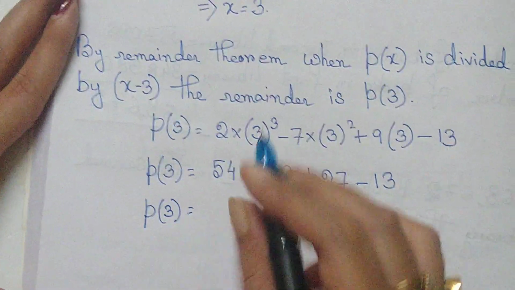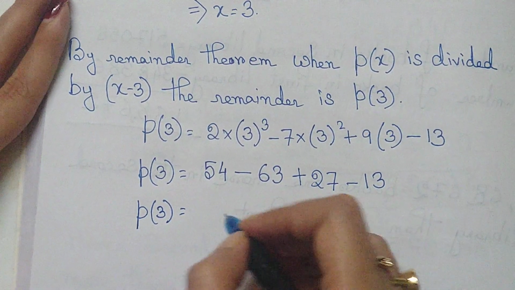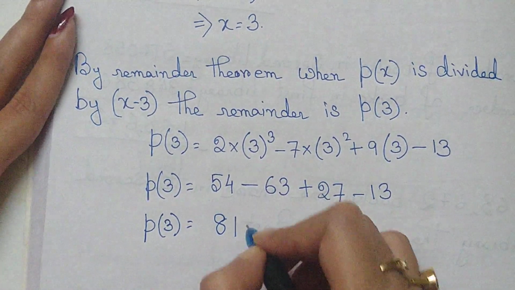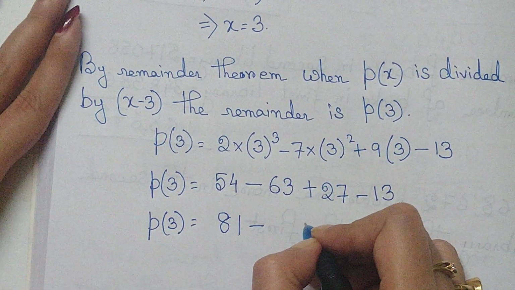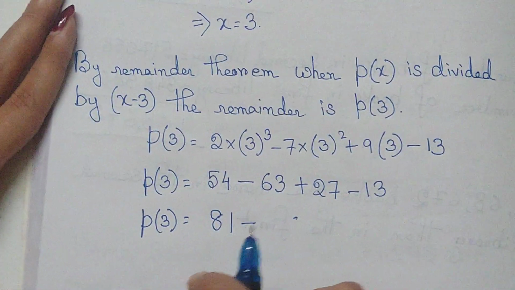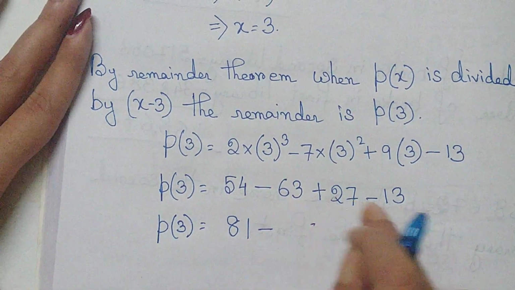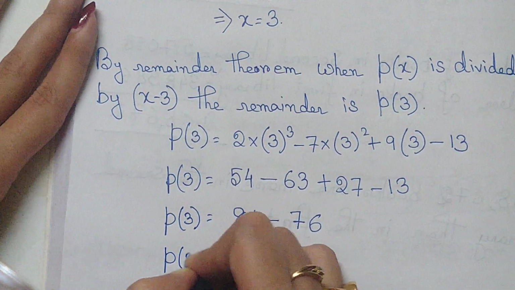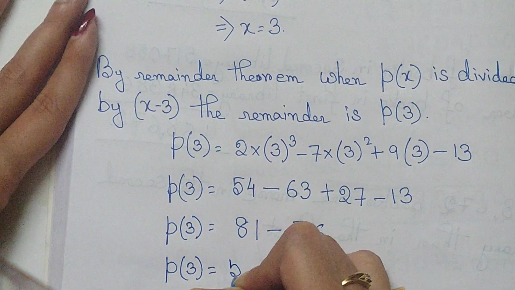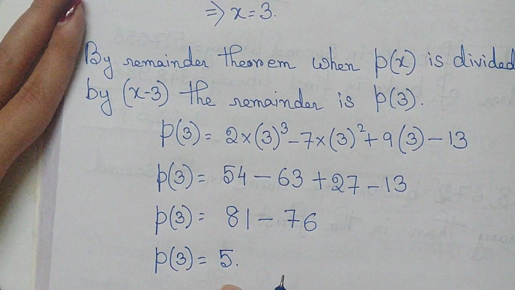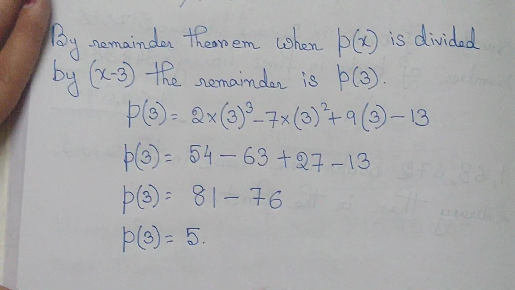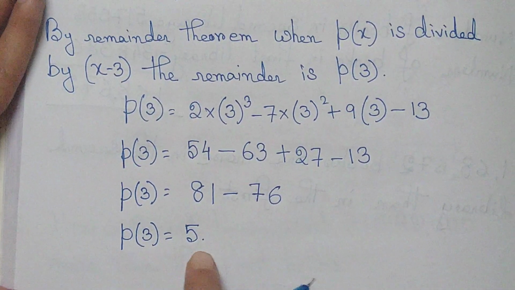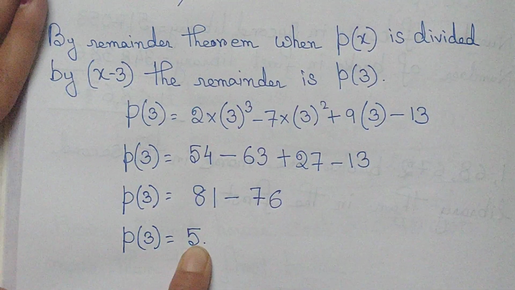So p(3) equals 54 and 27 will give you 81, minus 63, minus 13, so 81 minus 76 is 5. So p(3) equals 5. This is your remainder, because by using the remainder theorem our main aim is to find the remainder. So the remainder is 5.